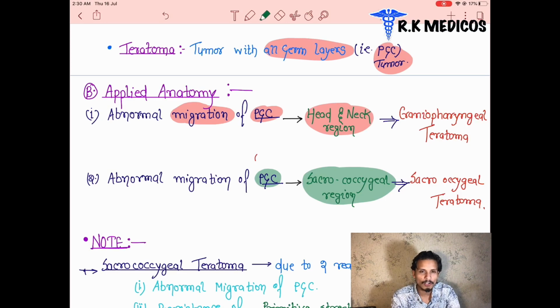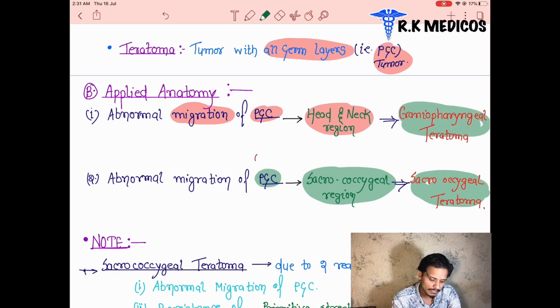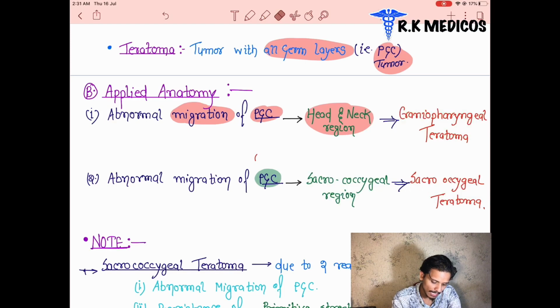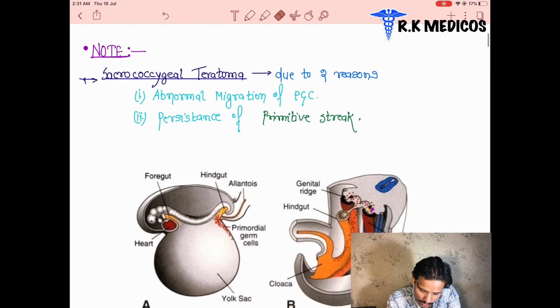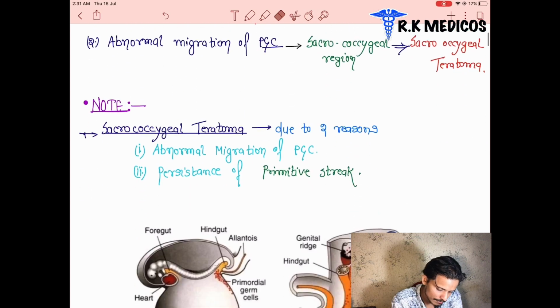When they migrate to the region of the cranium and pharynx, they are called craniopharyngeal teratoma. So these are the two clinical presentations of teratoma from the primordial germ cells. It happens if there is any abnormal migration of these primordial germ cells.